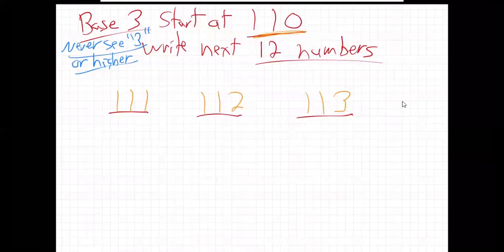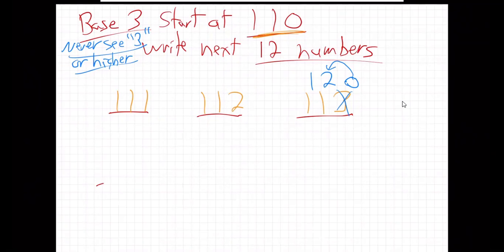We have to cross that out, write a 0, and carry to the next spot. So it becomes 120. It looks like 120, but it's 120 in base 3. Tracking with me? Whenever you write a 3, instead cross it out, write a 0, and carry 1 to the left.